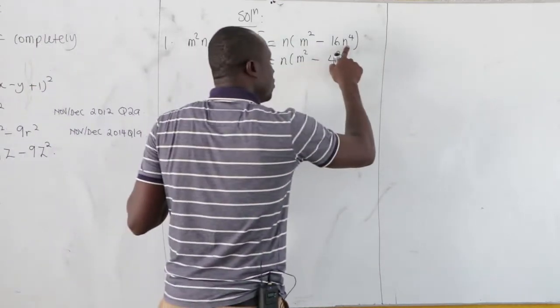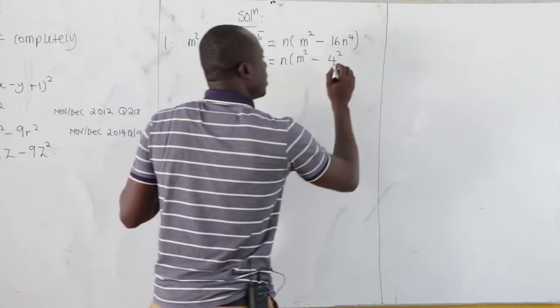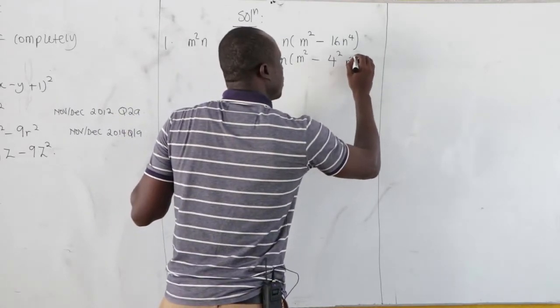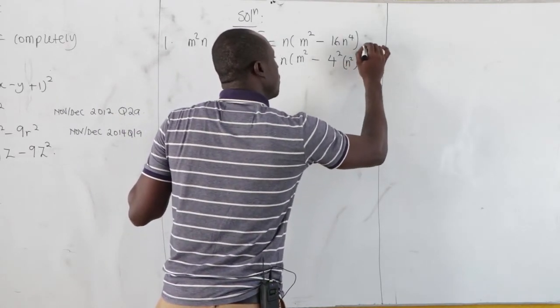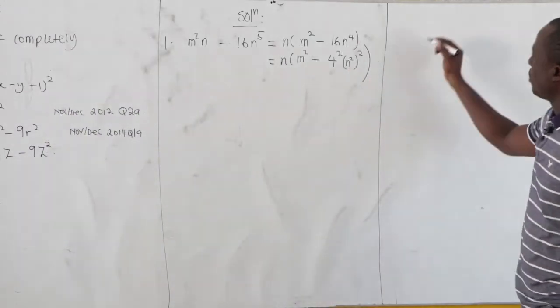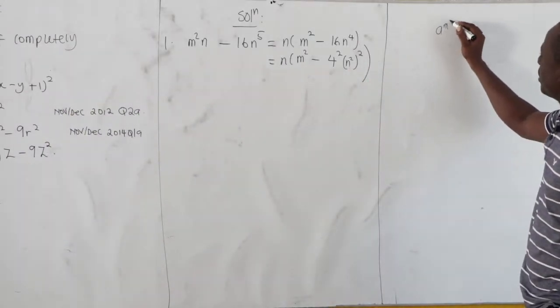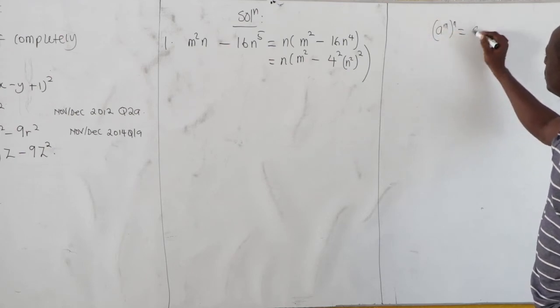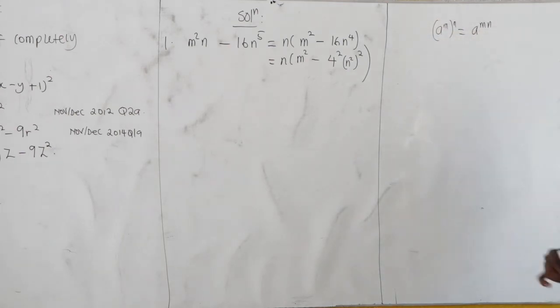Now what do we have here? We have n to the power 4, and we can rewrite n to the power 4 as n to the power 2 all to the power 2. Now we know indices says that if you have a to the power m all to the power n, this is a to the power mn.